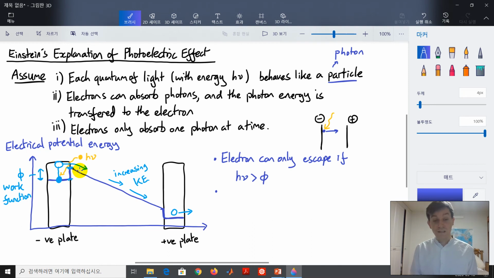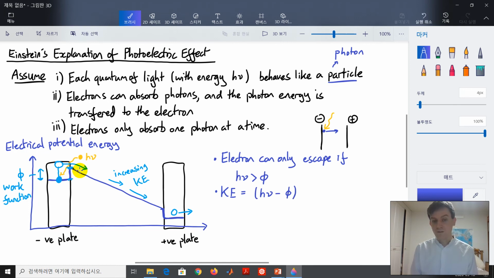Now, if the energy is greater than phi, then the energy it has left over will be converted into kinetic energy. So the kinetic energy of the electron is going to be equal to the energy it gained minus the energy it has to spend to get out of the metal.